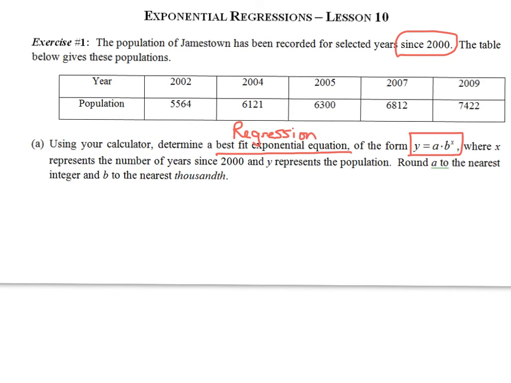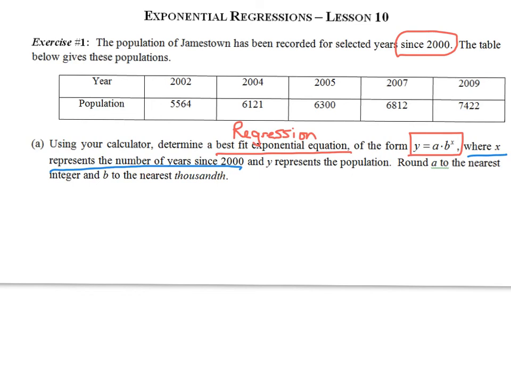Now, here's something that's really important to note, and you have to really pay attention when you're reading a question. X represents the number of years since 2000. So when I'm entering the data in my graphing calculator in list 1, I can't enter the years 2002, 2004.